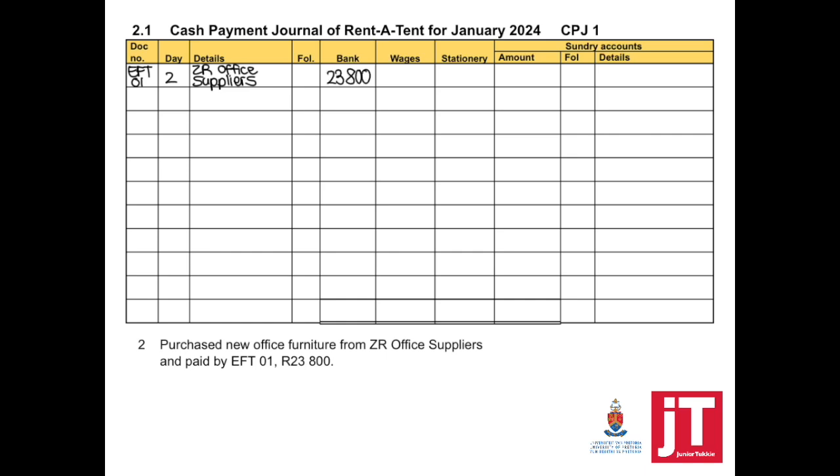How much did we purchase for? 23,800, that goes under bank. For what reason? Office furniture will be shown as equipment. Please remember chapter 1 when we did all of these. You're not going to write it as new office furniture. This will be regarded as a non-current asset. There are 3 options: vehicles, equipment, and land and buildings. So when we're talking about furniture, it will go under equipment.